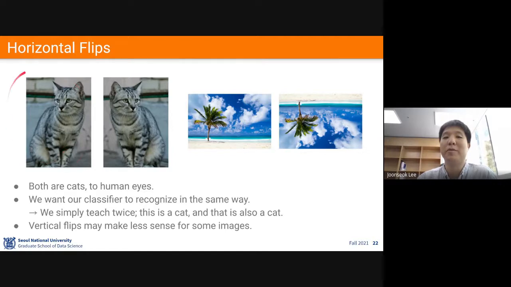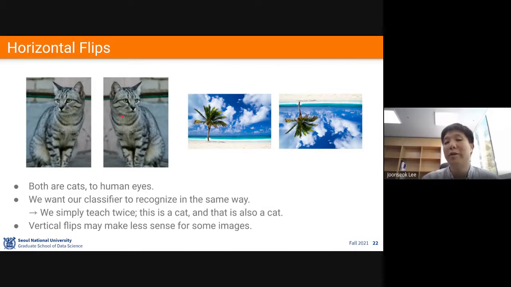Once you have this image as an input, you have to output a cat. But for humans, we know that this one is also the same. This one is also a cat. And we would like our model to output the same label, cat, once we have this input as well. But pixel-wise, these are completely different.